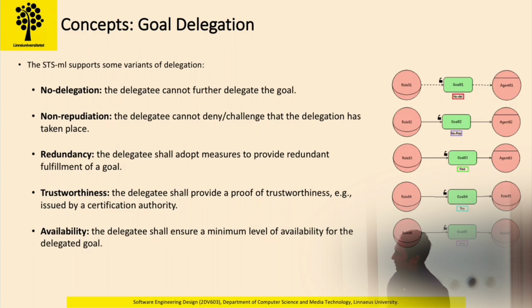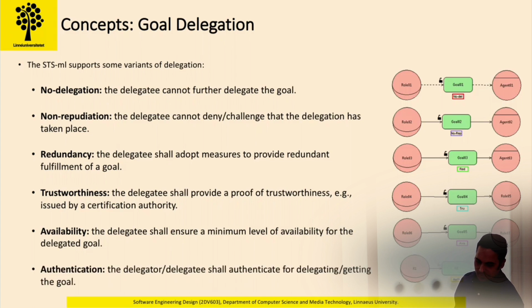Availability. When a role assigns or delegates a goal to another role, the delegatee must be available to some percentage. This availability is usually represented by percentage, and this is also important sometimes, maybe for security requirements in terms of document and information. Authentication.